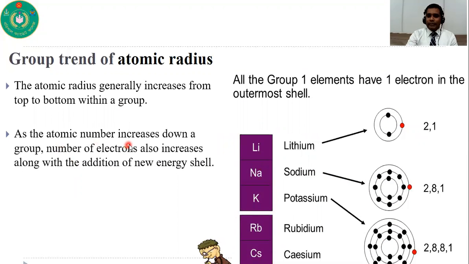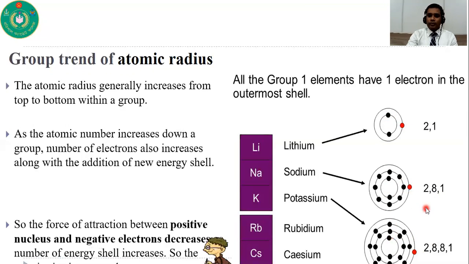So as the atomic number increases down a group, the number of electrons also increases. And here you can notice that there are 2 energy shells. In case of sodium, there are 3 energy shells, and in case of potassium, there are 4 energy shells. So if we go from top to bottom, with the increase of atomic number, we find an increase of electron number as well as an increase of energy shells.